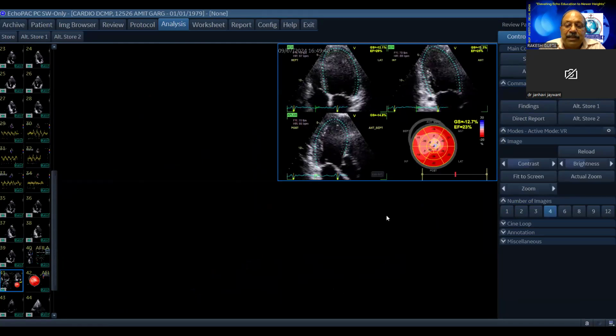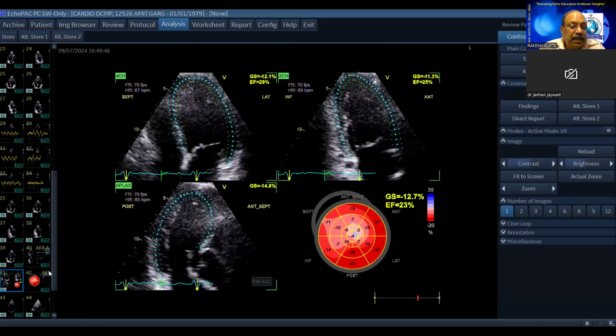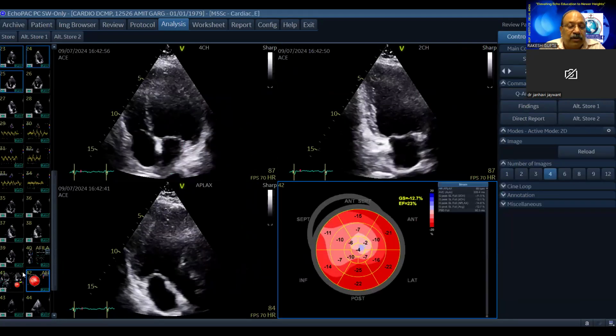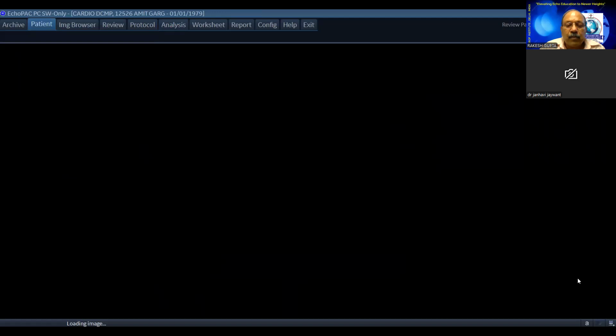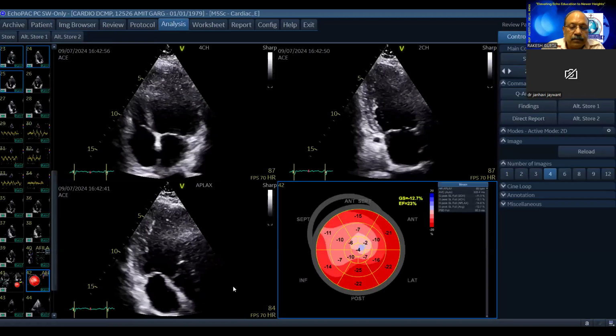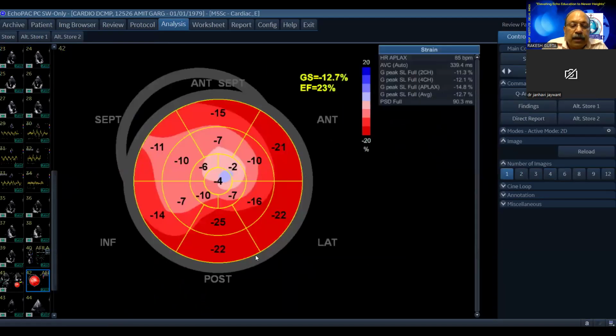And if I concentrate on this strain imaging, if I look at this zoom view of this strain imaging, look, anything more than 17.7 is considered as normal. In this patient, look, inferior, posterior, posterolateral wall is fine.